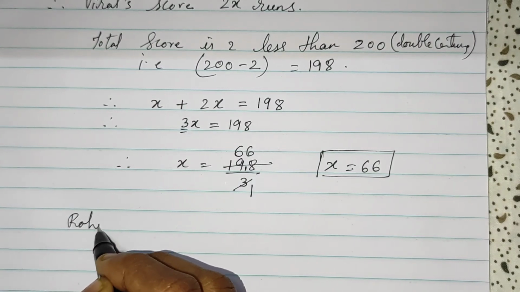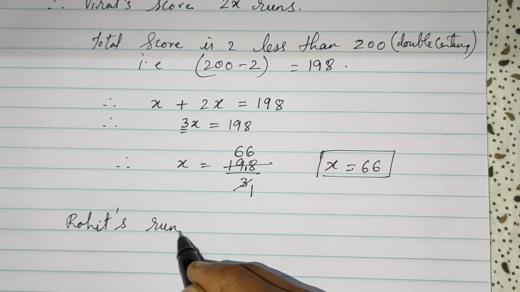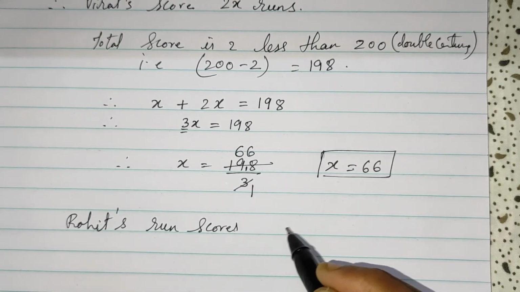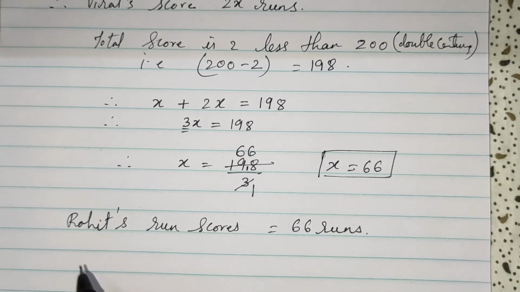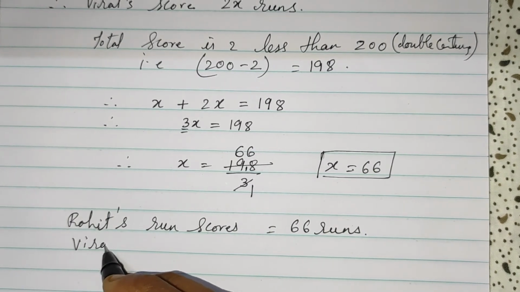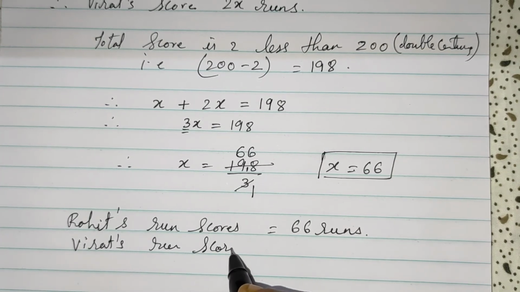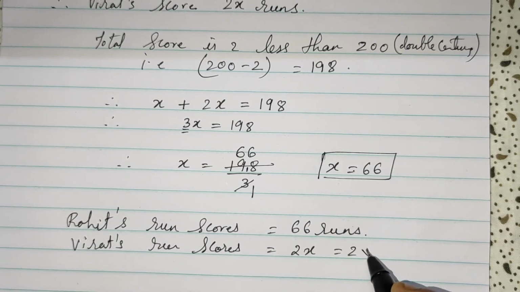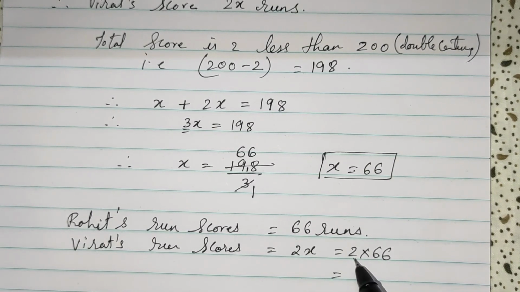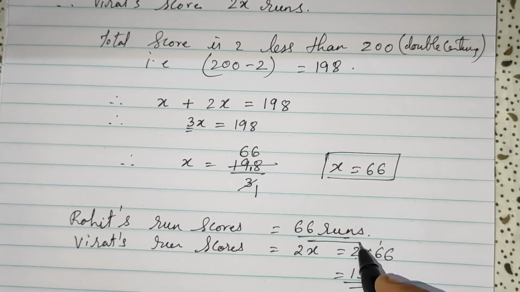So Rohit's score is equal to 66 runs, and then Virat's score equals 2x, that means 2 into 66. So 2 sixes are 12, 1 carry, 2 sixes are 12, 13. This is our answer.